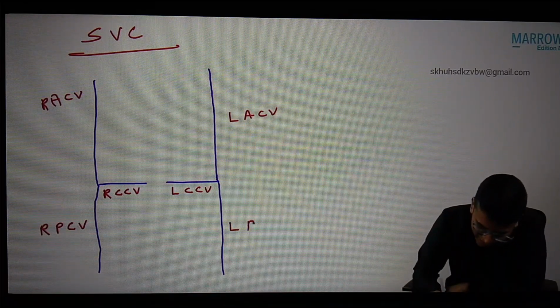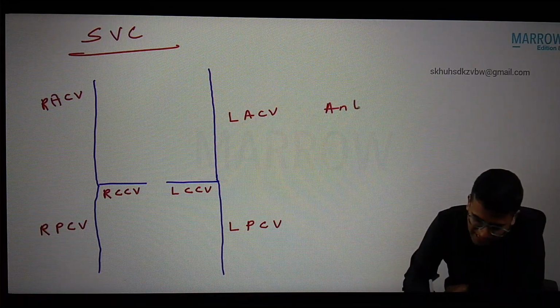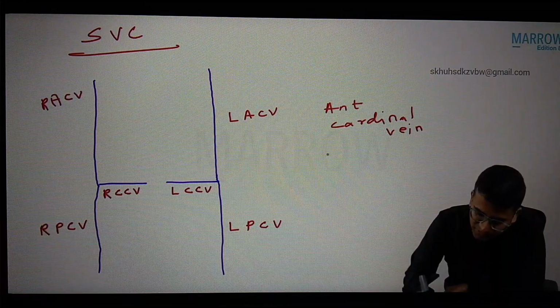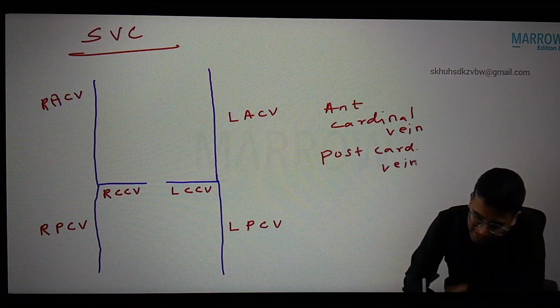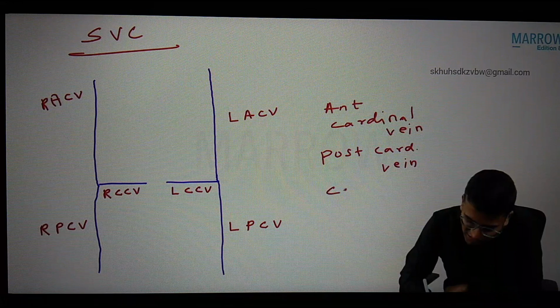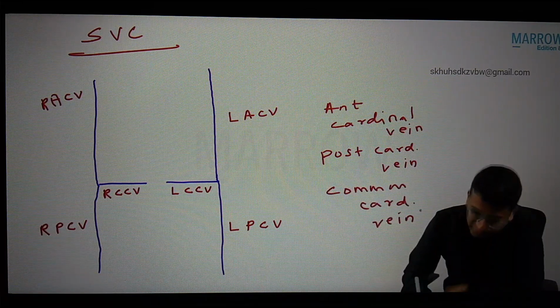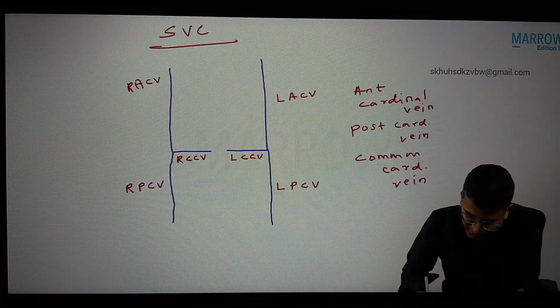This is the left side posterior cardinal vein. So ACV means anterior cardinal vein. PCV means posterior cardinal vein. CCV means common cardinal vein. Okay. So now, see the diagram.